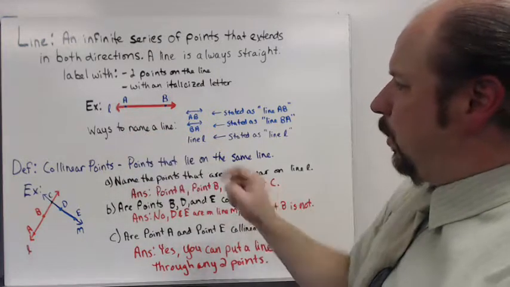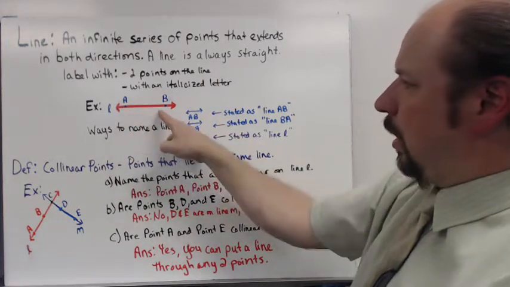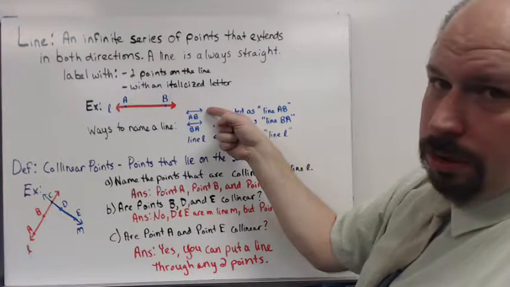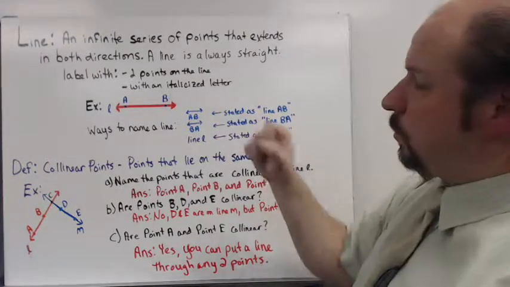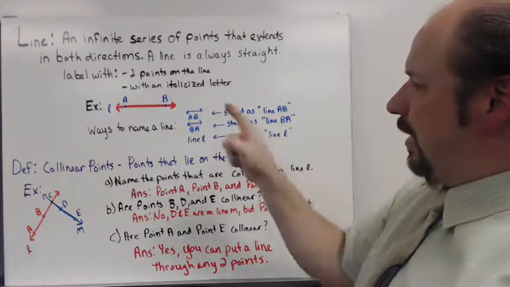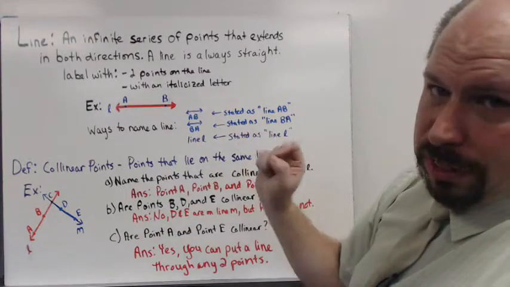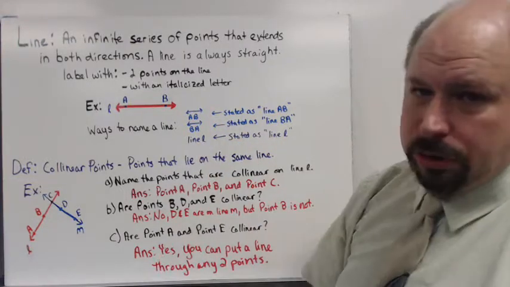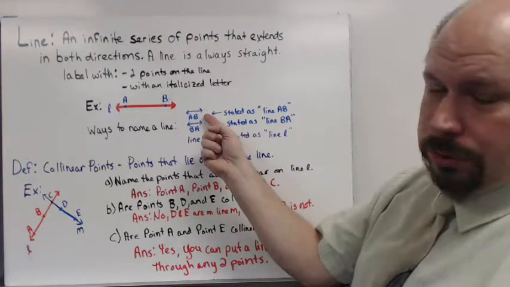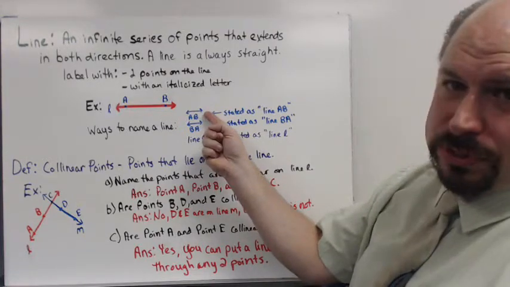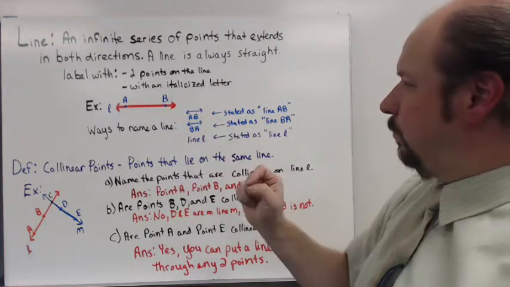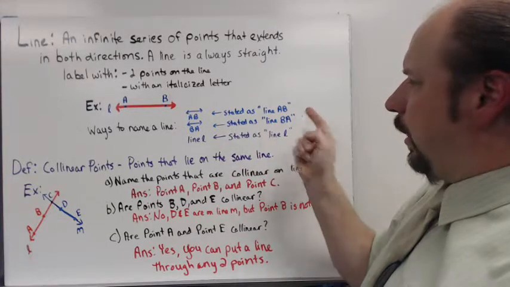So, ways to name a line. We could name this line, line AB, and notice a little line above it with the 2 arrows extending in both directions. That is the symbol for line. So whenever in your homework you're talking about a line, you will use that symbol to represent that we're talking about a line. And we would call this line AB.